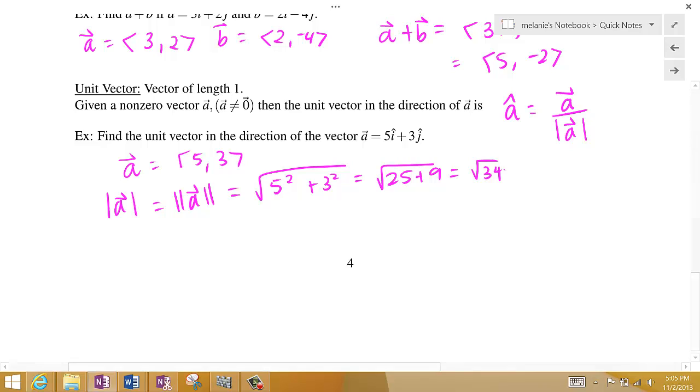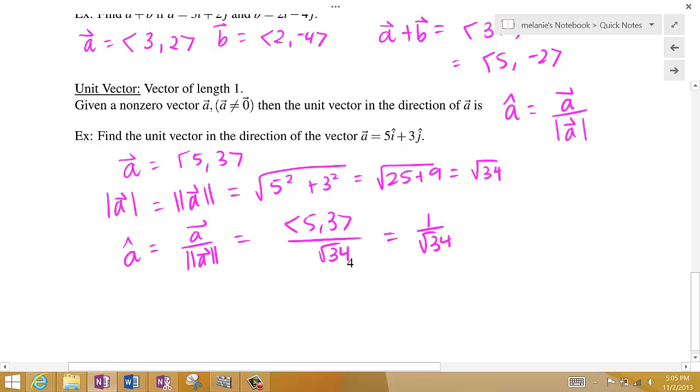If I want the unit vector in the direction of A, I write that as A hat equals vector A over the magnitude of A. So that is 5, 3 over square root of 34. Sometimes you'll see it written as 1 over root 34 times 5, 3.